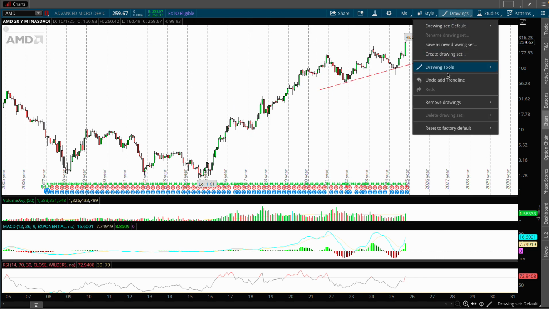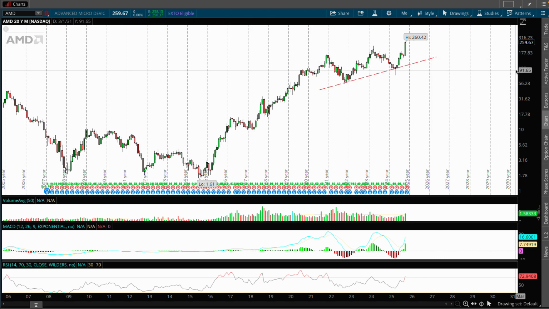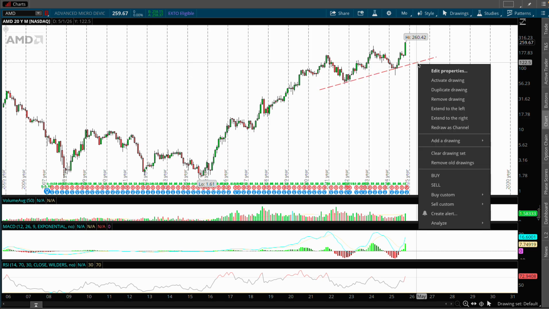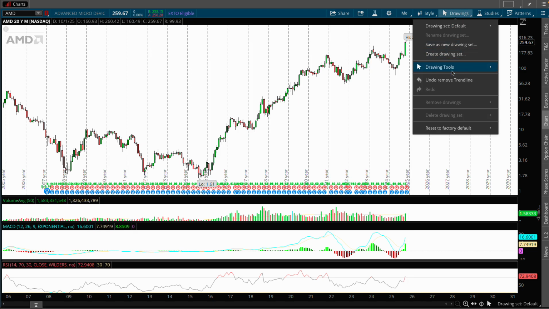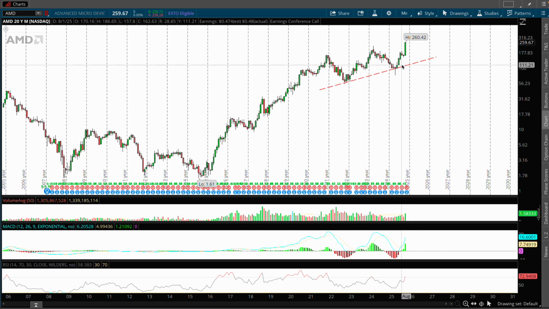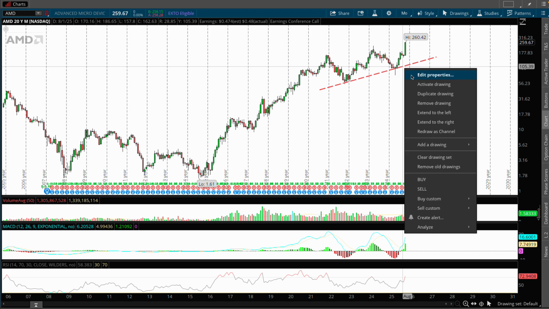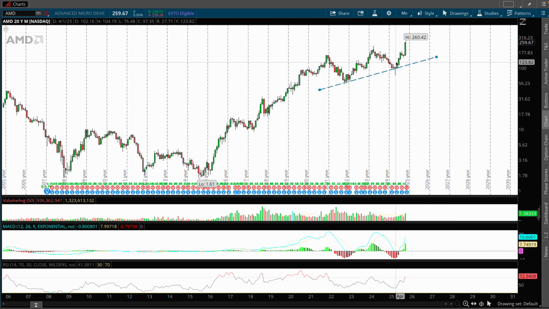Channels are very strong, and usually stocks keep to the channel for quite an extended period of time, because it's very hard for a stock to break a trend unless something really bad has happened, something fundamentally has changed.